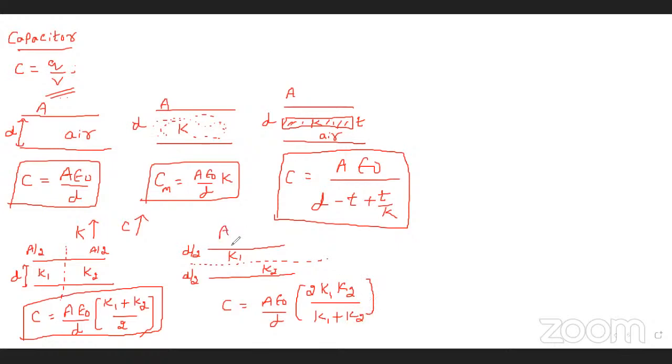When the thickness is divided, the formula is A epsilon naught by D into 2 times K1 K2 by K1 plus K2. Is it understood? If the area is divided like this, K1 plus K2 by 2. If the thickness is divided, 2 times K1 K2 by K1 plus K2.